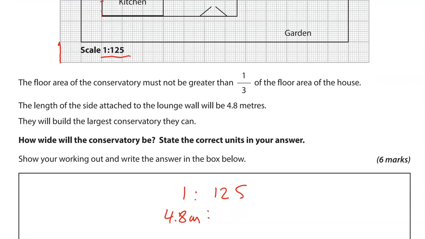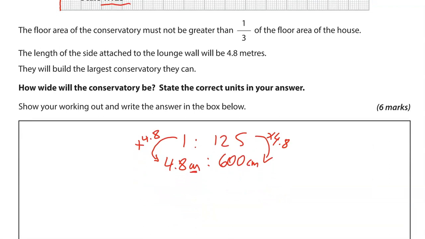So to get from 1 to 4.8, we've multiplied by 4.8. So we'll do the same on the other side, and it gives us 600. Again, we have no units at the top. This is centimeters, so this will be centimeters as well. 600 centimeters.